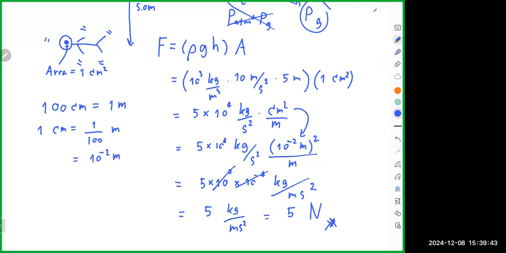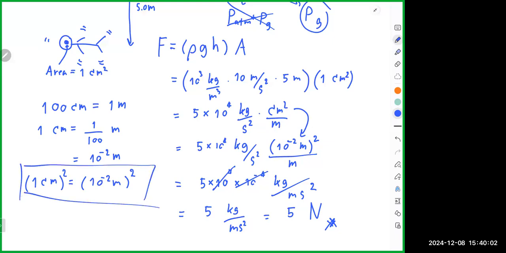The problem is 1 centimeter square, so it would be 10 to the minus 2 meters square. That's it.